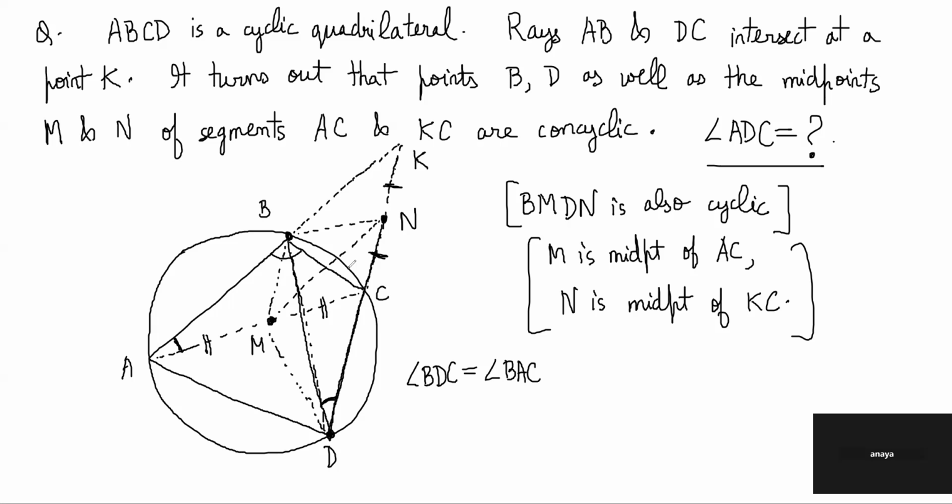Would it be BMN? Why is it taking so long to say this? Isn't it obvious? We have equal angles. This angle is equal to this angle is equal to this angle.